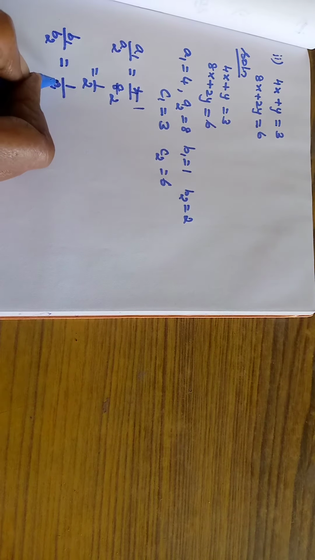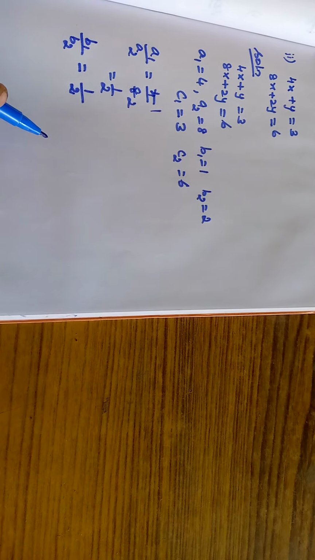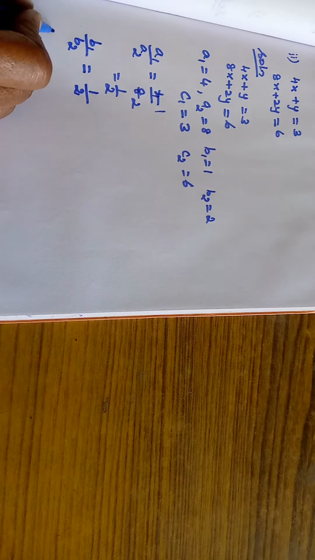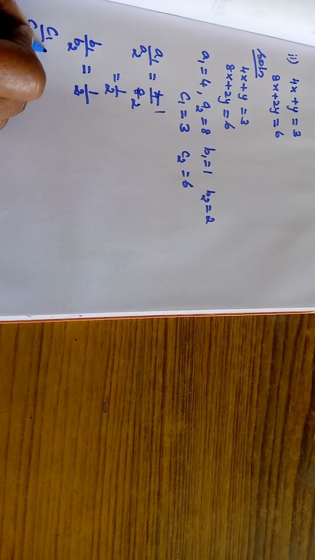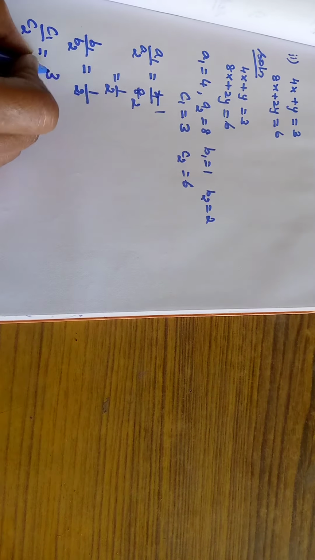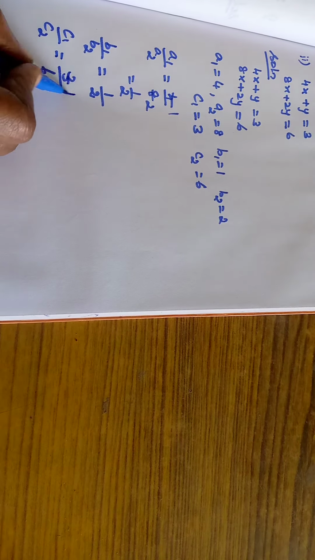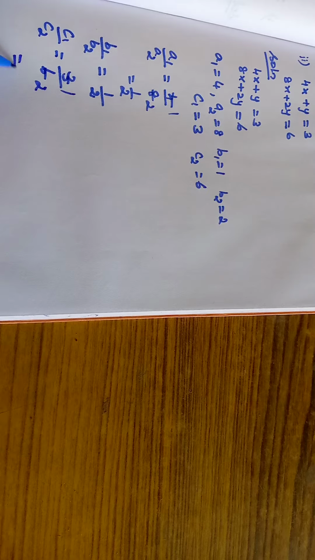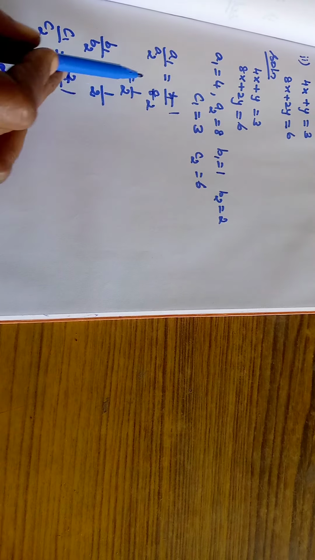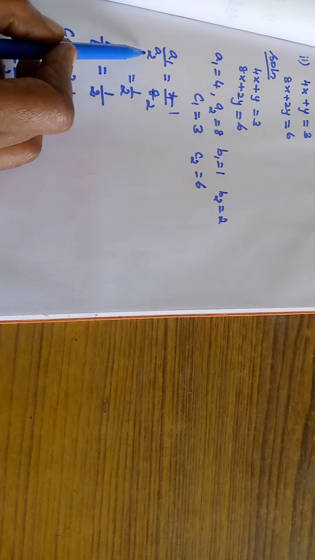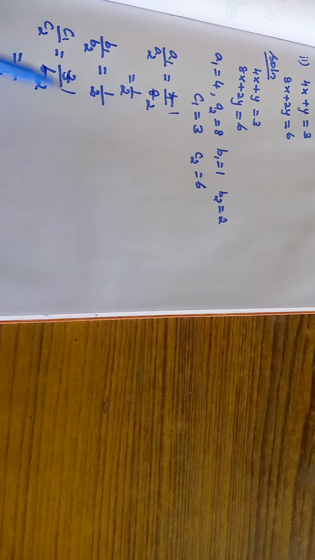Is it the same? Yes. Then let's move to c1 by c2, which is 3 by 6. If it's possible we can divide it: 1 three is 3, 2 threes are 6, which is equal to 1 by 2. So everything is the same. a1 by a2 is 1 by 2, b1 by b2 is 1 by 2, and c1 by c2 is also 1 by 2.